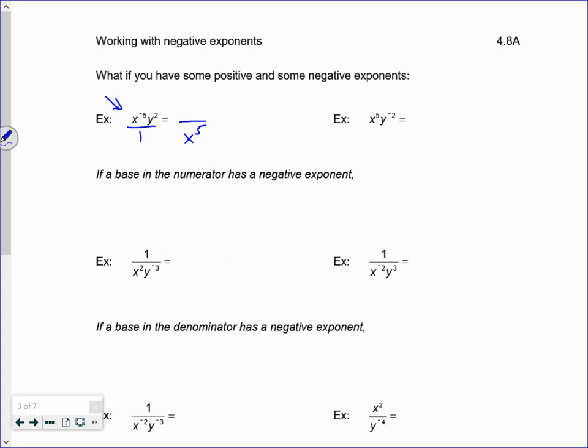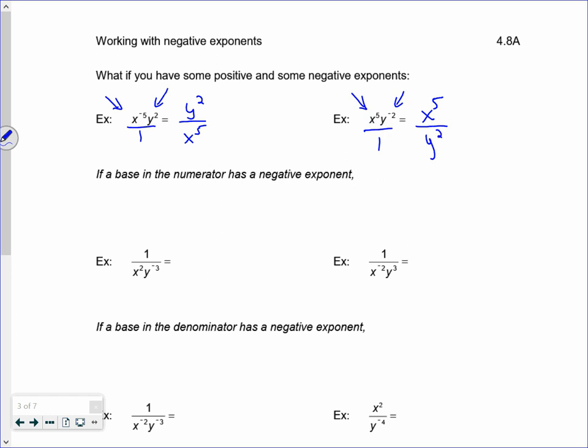If it has a positive exponent, you are not going to do its reciprocal. So then x to the negative 5 times y squared is the same thing as y squared divided by x to the 5. Okay, similar example. This time the exponent on the x is positive, so I am not going to flip it. But the exponent on the y is negative, so I'm going to do its reciprocal.